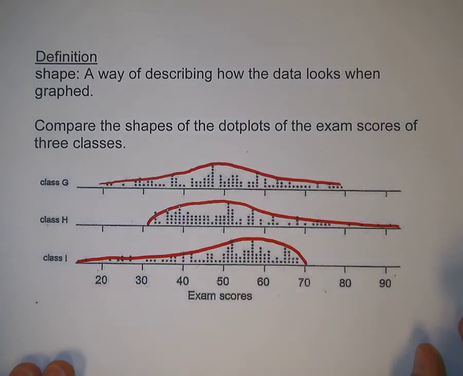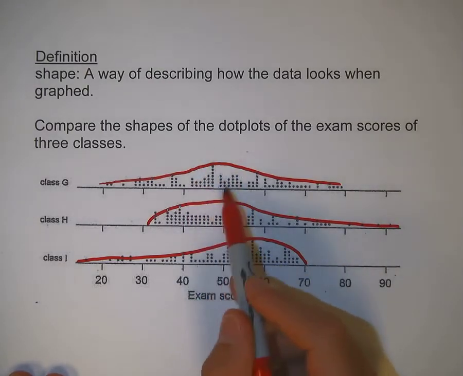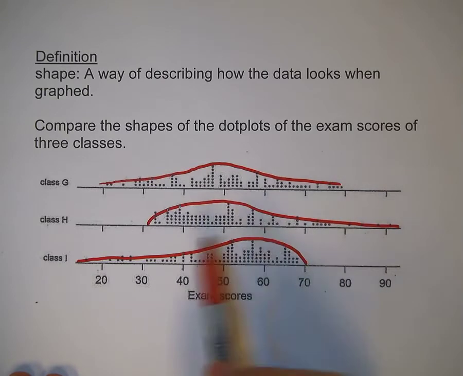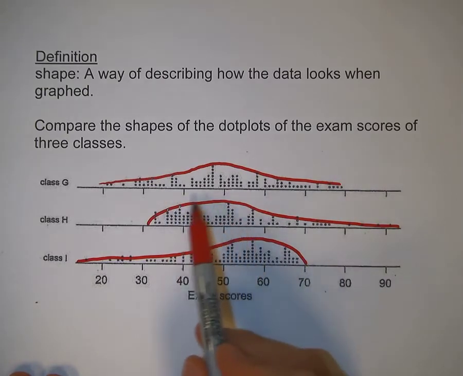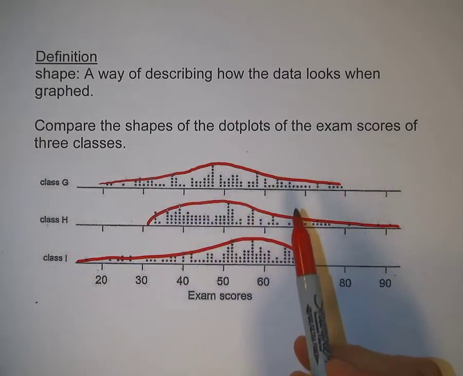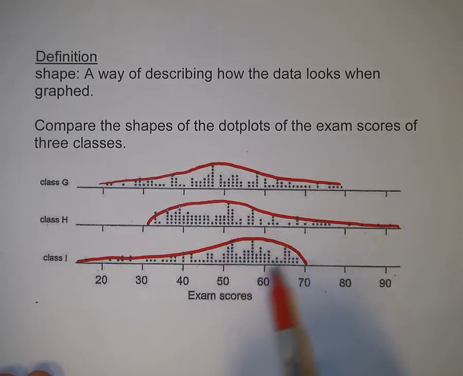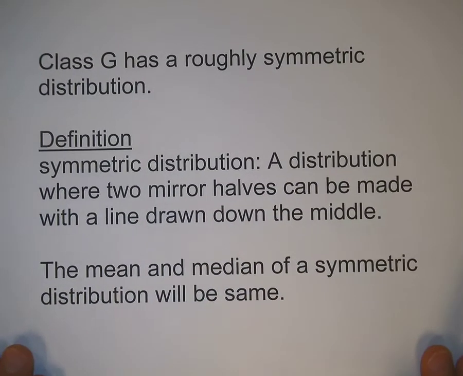Okay, so we can see that they have 3 different, pretty distinct shapes. We have a big cluster in the middle here for class G, and it tails off to both sides. Here we have a big cluster on the left side, tails off to the right. And here we have a cluster on the right, tails off to the left.